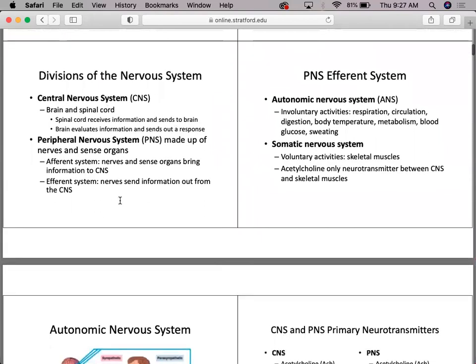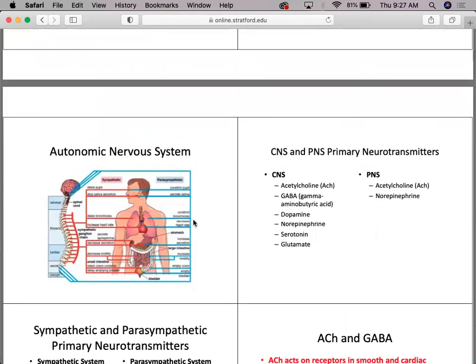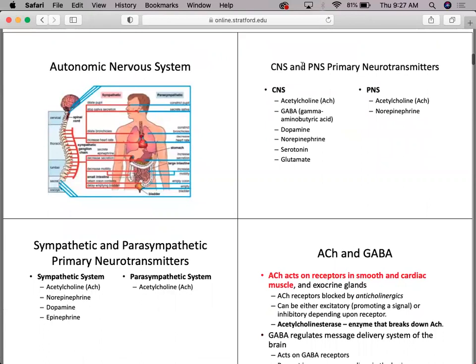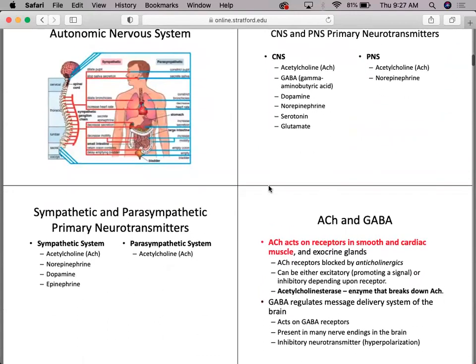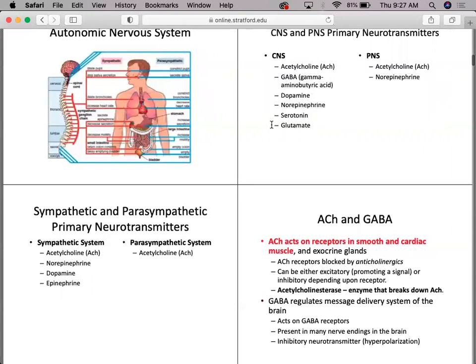And knowing the divisions of this, central and so on, is nice to know, and might be a question. Actually, you should know this, from your Anatomy and Physiology 1 and 2. When we talk about neurotransmitters, I want you to know GABA, gamma-aminobutyric acid. GABA, always think blocking.